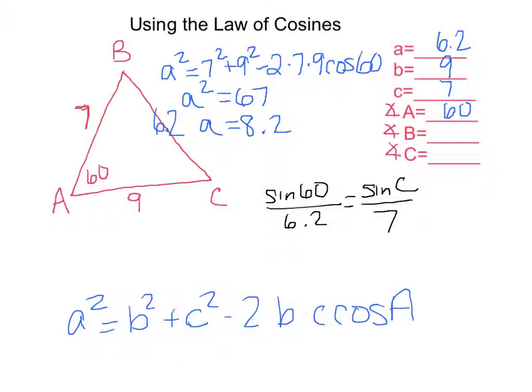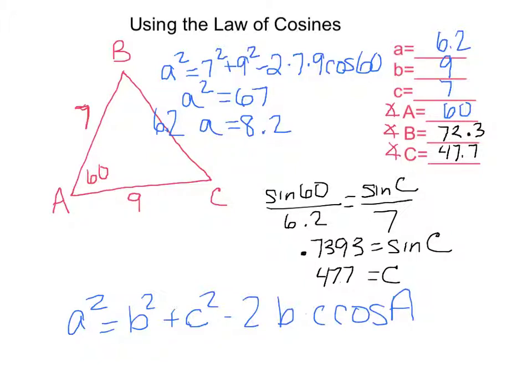An intermediary step is 0.7393 equals the sine of C. If we do the inverse sine, we'll get angle C is equal to 47.7 degrees. We can write that in there. And then we can subtract from 180 to get angle B, which is 72.3. So that's one way to solve using the law of cosines.